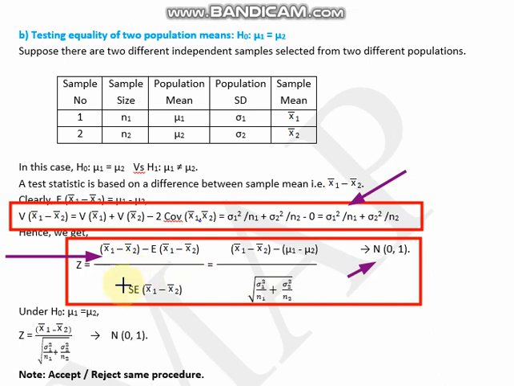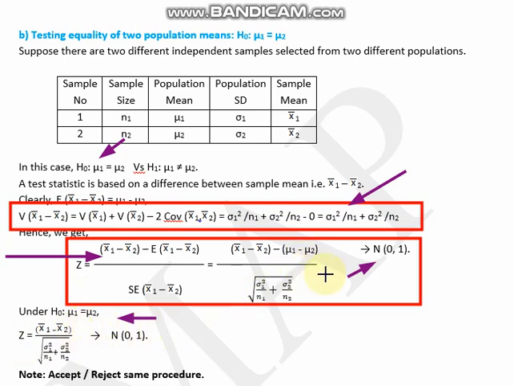So friends, this standard error is nothing but square root of variance, and we have calculated variance of x bar 1 minus x bar 2. So take only the square root of this, and that gives us the standard error of x bar 1 minus x bar 2. And since we are testing H naught as mu1 equal to mu2, under H naught mu1 minus mu2 equal to 0.